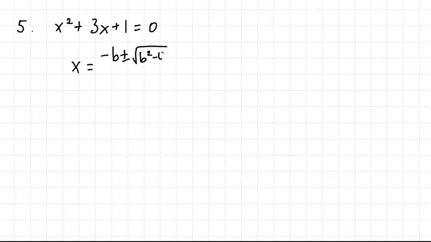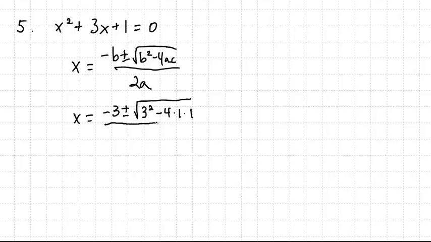In question 5, we meet the first equation that cannot be factored, and we cannot take the square root of both sides. So we're going to go straight into the quadratic formula. X equals negative b plus or minus the square root of b squared minus 4ac all over 2a. So x is negative 3 plus or minus the square root of 3 squared minus 4 times 1 times 1 all over 2 times 1.